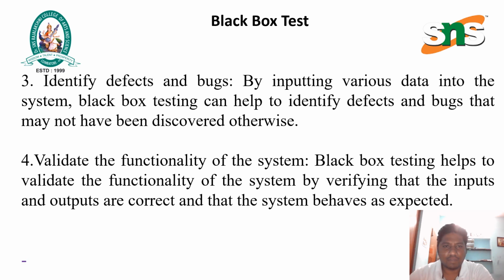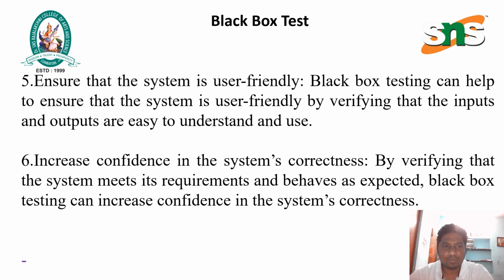Third, identify defects and bugs. By inputting various data into the system, black box testing can help to identify defects and bugs that may not have been discovered otherwise. Fourth, validate the functionality of the system. Black box testing helps validate the functionality by verifying that the input and output are correct and as expected.